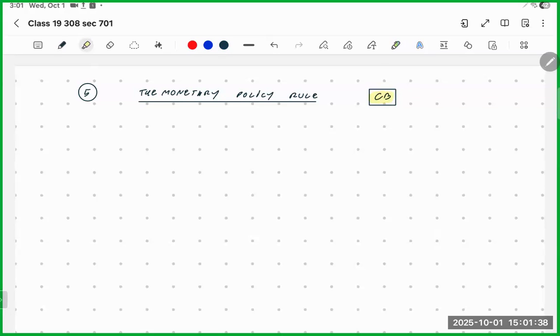This equation is quite long. IT, the nominal interest rate, equals pi t, inflation, plus rho, the natural rate of interest, plus theta pi times pi t minus pi t star, plus theta y times yt minus yt bar.